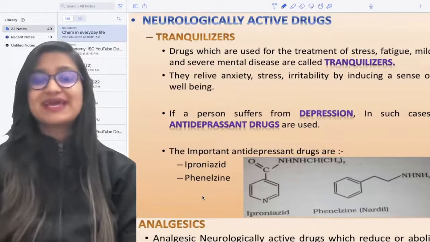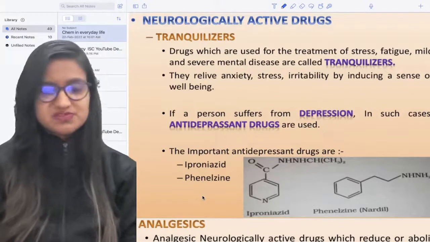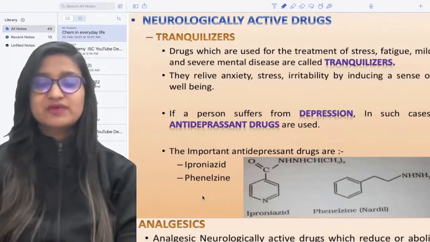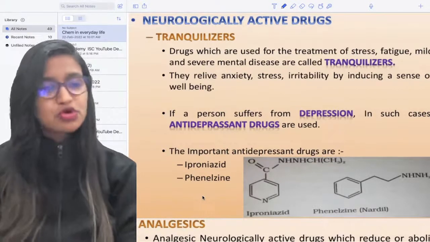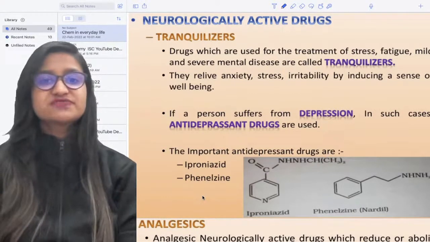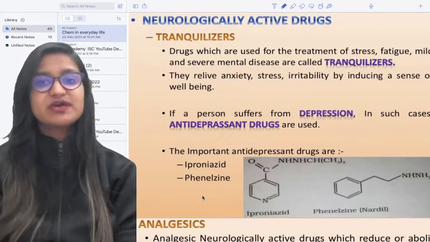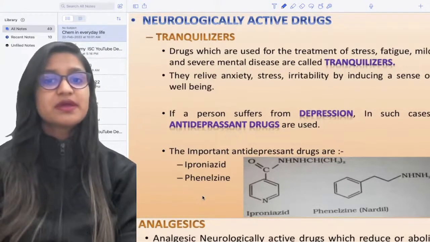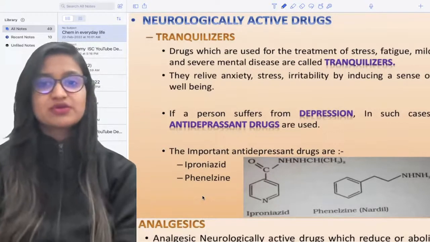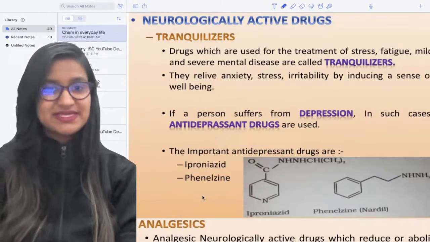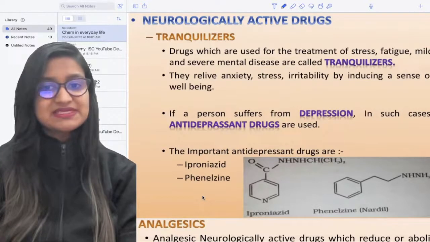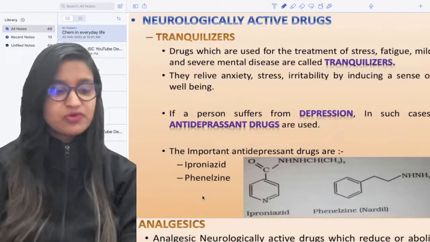So the drugs used in such cases which are neurologically active are called tranquilizers. Drugs used for the treatment of stress, fatigue, mild and severe mental diseases are called tranquilizers. They relieve anxiety, stress, irritability by inducing a sense of well-being.